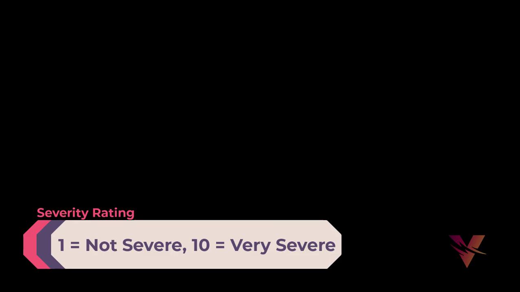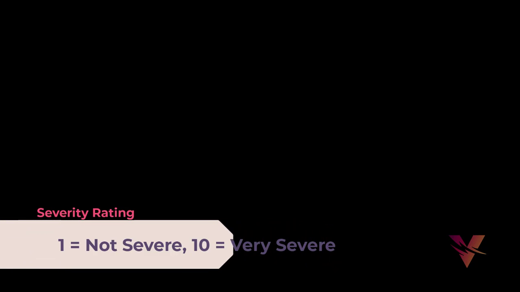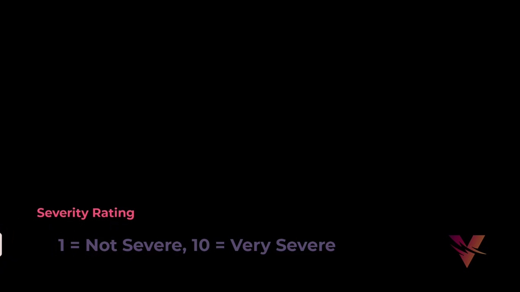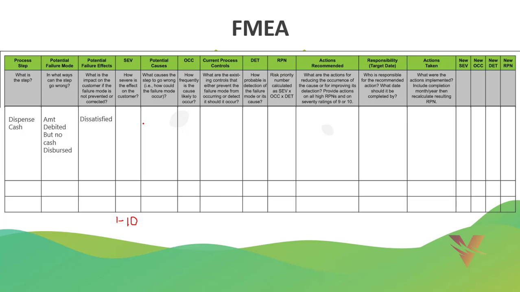Severity ratings can be from 1 to 5 or 1 to 10, but here we are taking from 1 to 10. So 1 means it is not severe, 10 means it is highly severe and we need to take action very immediately. Here I will rate it as 8 on the scale of 1 to 10.